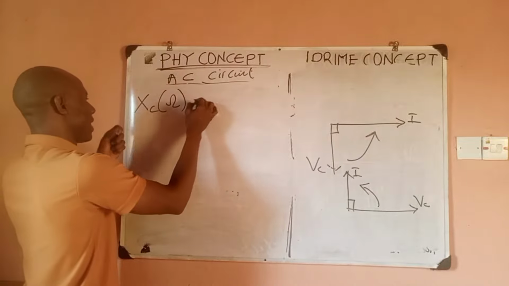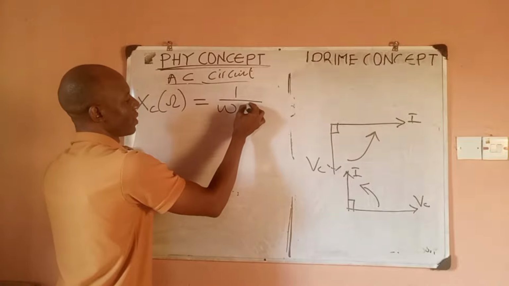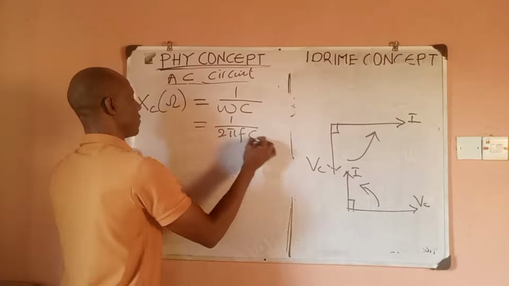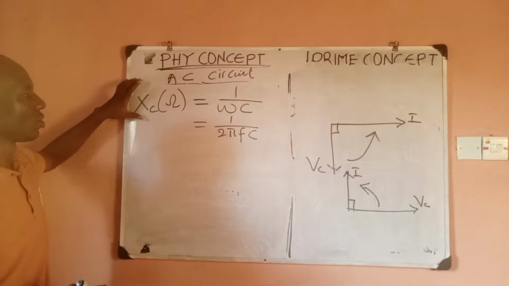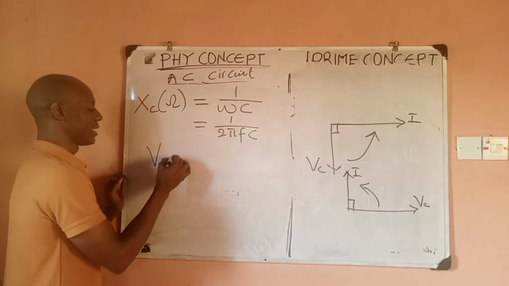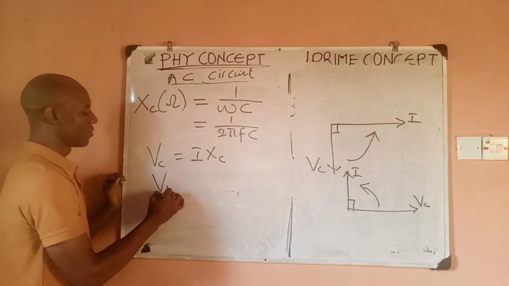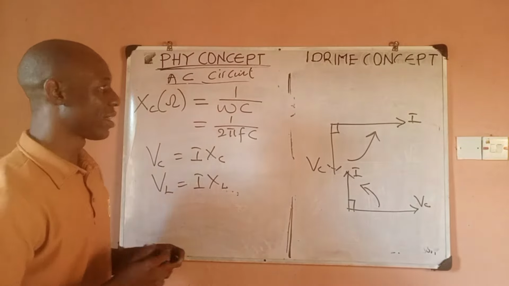XC is going to be 1 over omega C, or you can just say 1 over 2 pi FC. Any of these can be used. Then the voltage of the capacitor, VC, is going to be I times XC. The same way, the voltage for an inductor is going to be I times XL. So these are things you should know.